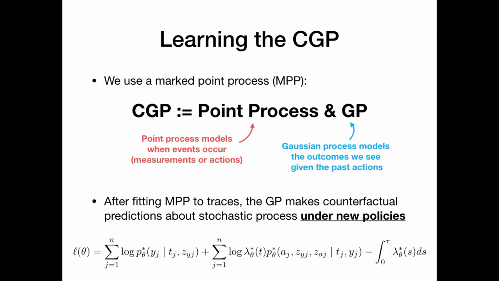Under certain assumptions, which I'm not going to describe in detail here because of time constraints, but we rigorously develop them in the paper, we can fit the marked point process using maximum likelihood and recover the counterfactual GP. This is awesome because now we can use the CGP to predict counterfactual outcomes under hypothetical action sequences that we would otherwise have no way of observing and comparing. Importantly, these counterfactual predictions are also stable to changes in the action policy.